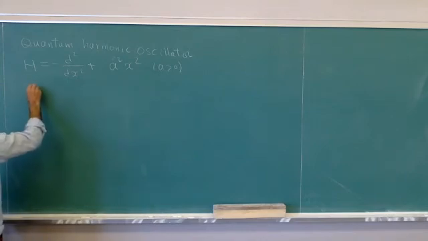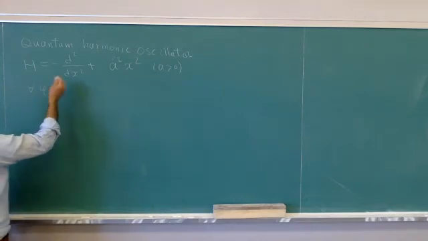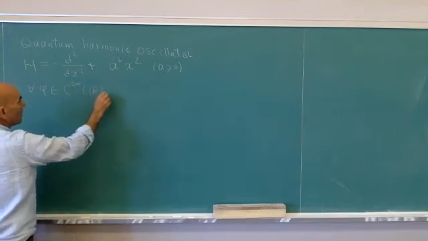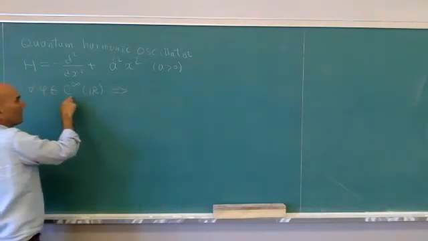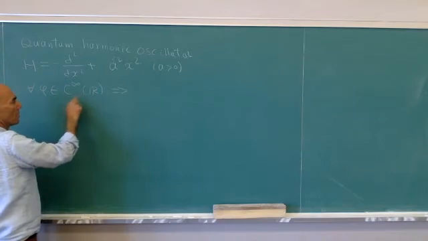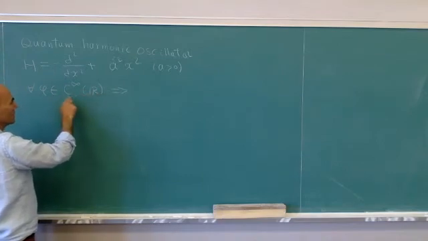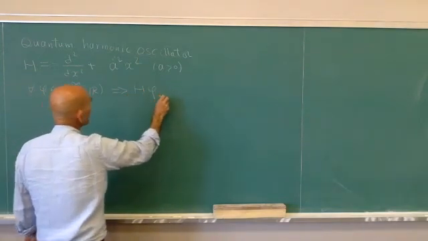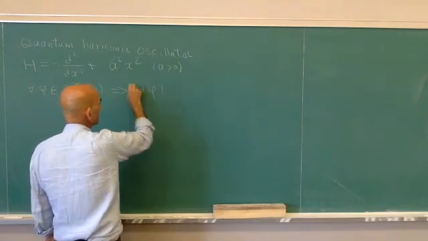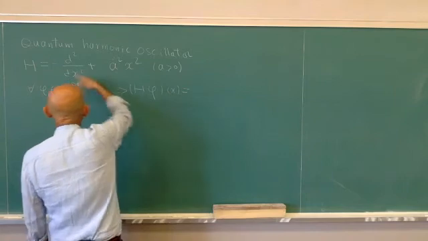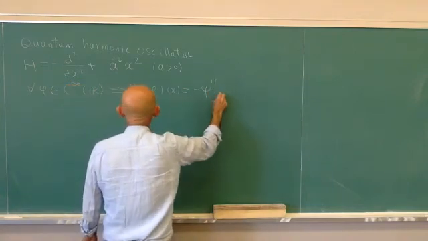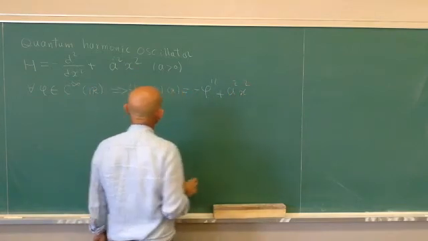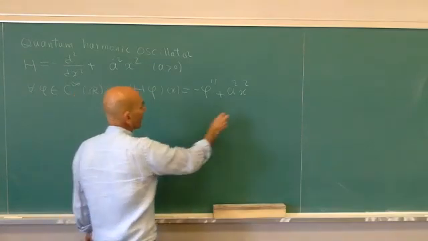For any phi belonging to C infinity of R, without caring about the growth condition at infinity, just take a smooth function. Then H of phi is the following function: H of phi at x is equal to minus phi double prime plus a squared x squared times phi of x.